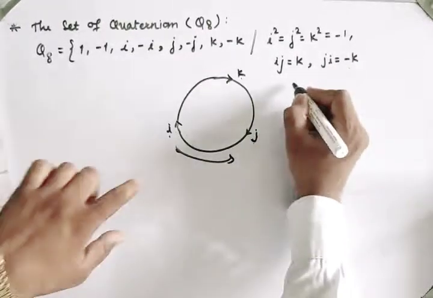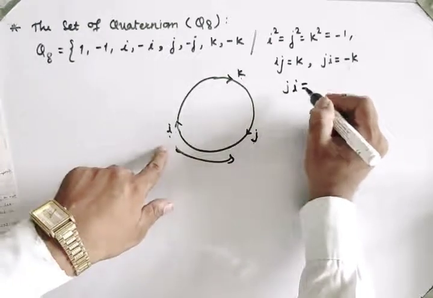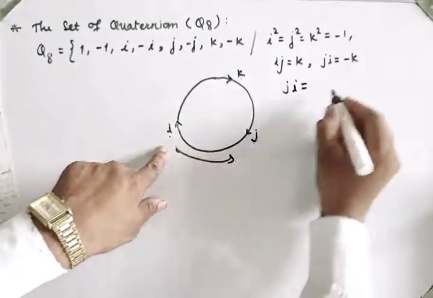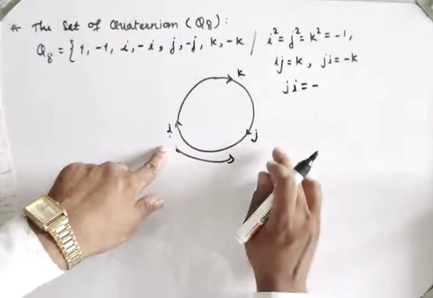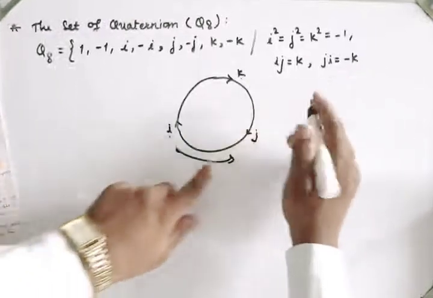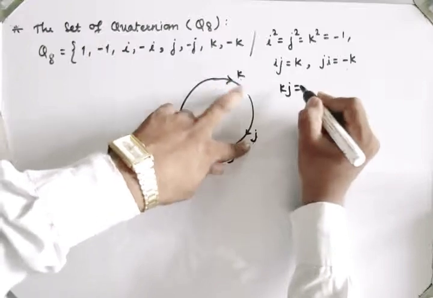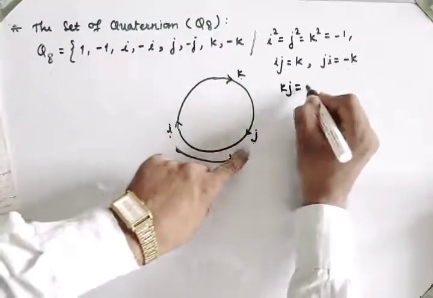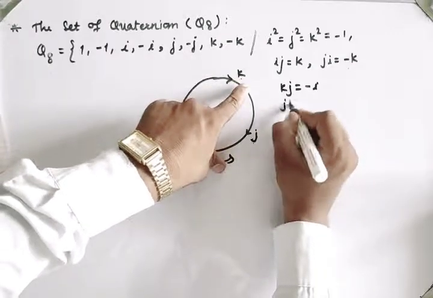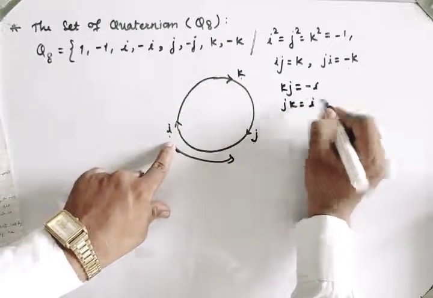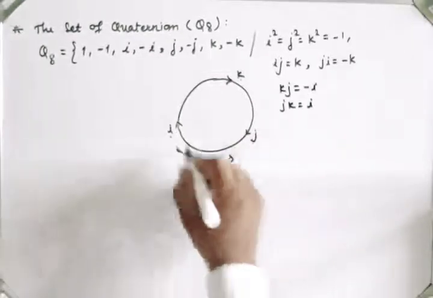So J into I is equal to minus K. Here K into J I get minus I, and J into K I get I. Like this, all the operations go by anti-clockwise direction and clockwise direction.